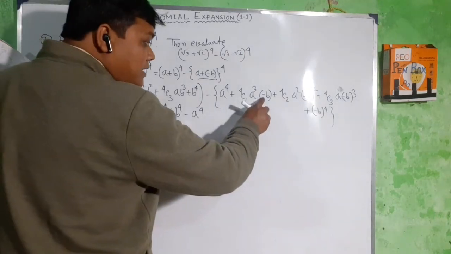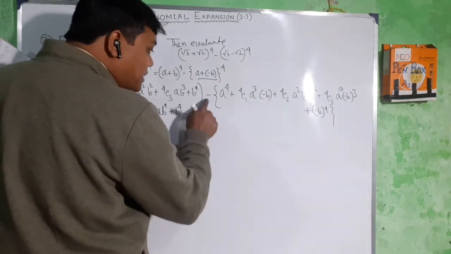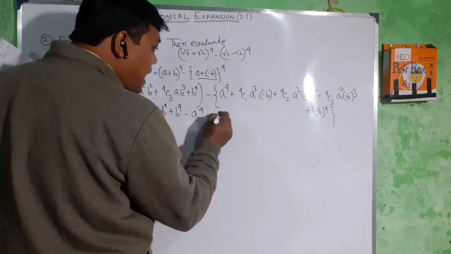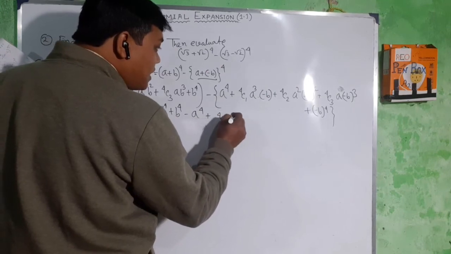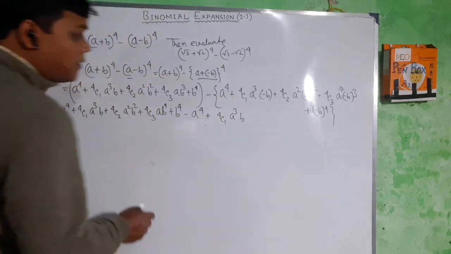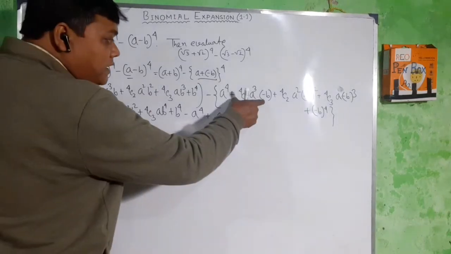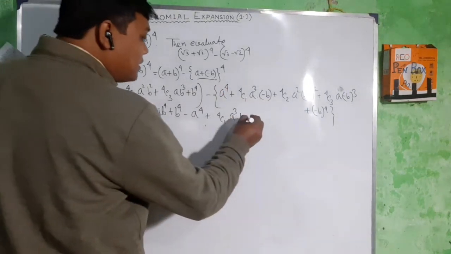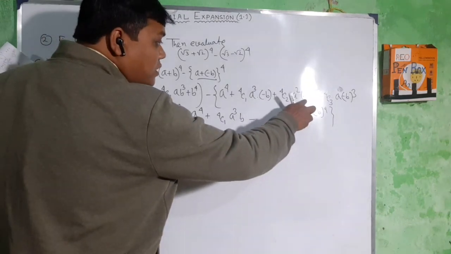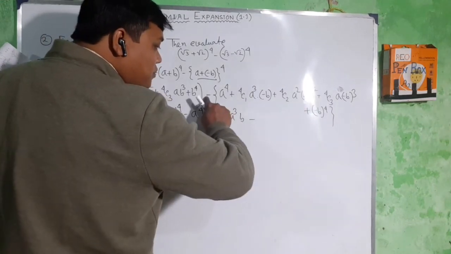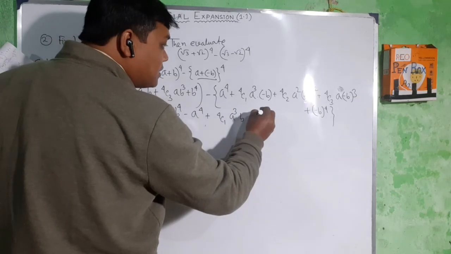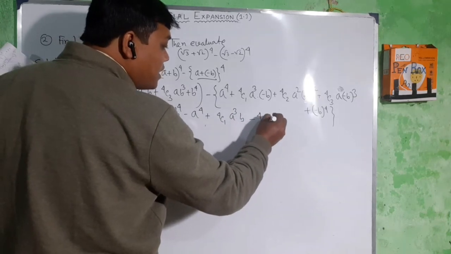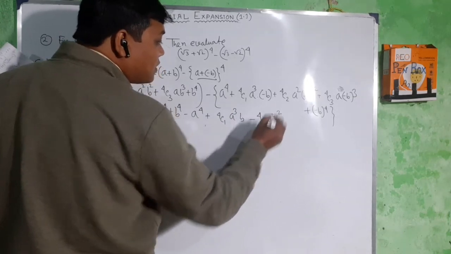This is the negative sign, so we will get minus minus plus, so plus 4C1 a cube b. Right or not? Negative and negative is positive. And next, minus b whole square is positive, so positive into negative is negative, so 4C2 a square b square.